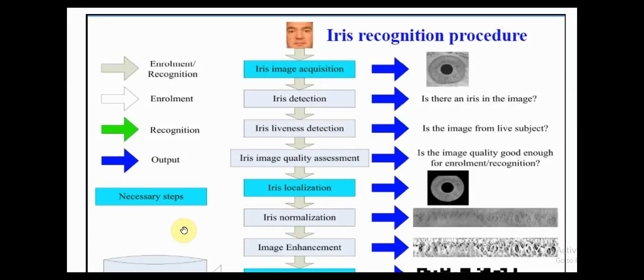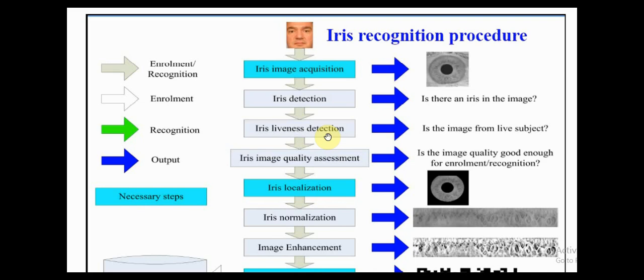An iris recognition system block diagram. In the first module, we capture the iris image by using some near-infrared sensor. We get an iris image. After we perform iris detection and find out that there is an iris in the image, we can also perform iris liveness detection in order to be sure that the iris image is captured from a real person and is not provided to the system by a photograph.